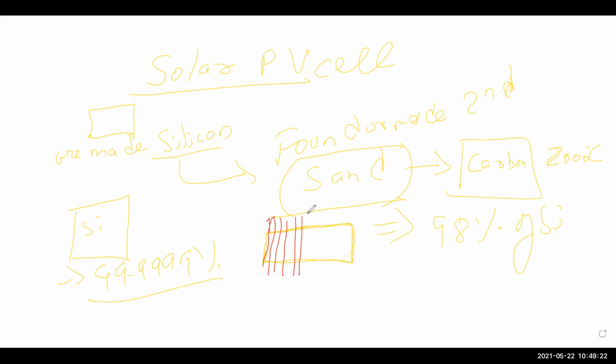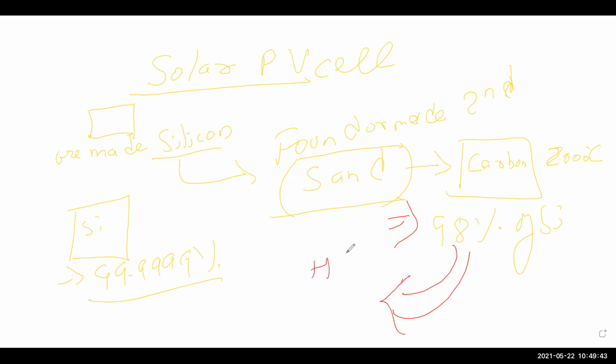This 98% silicon is generated from sand on mixing with carbon and being heated at 2000 degrees Celsius. Right now, this silicon is again mixed with hydrogen to form the purest form of silicon.